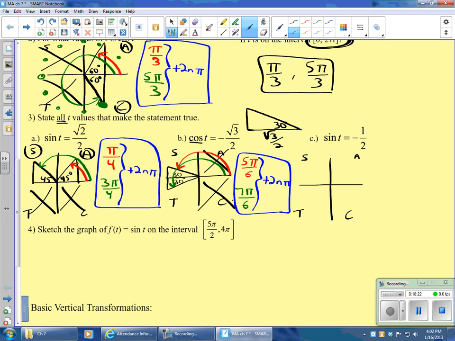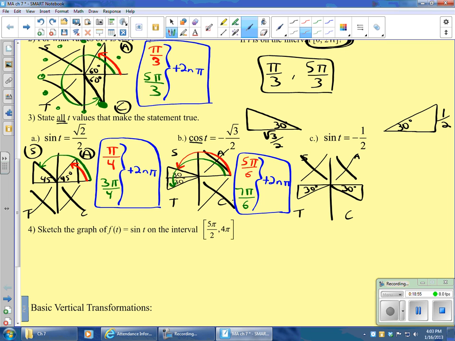Well, it wants the sine to be negative, so I cross out the top two, and now I've got to think what angle gives me the opposite, since I'm doing a sine problem, of 1/2. That is, again, a 30-degree reference, because the opposite of a 30 degree is the 1/2. So that means it could be a 30 degree down in quadrant 3, or a 30 degree down in quadrant 4.